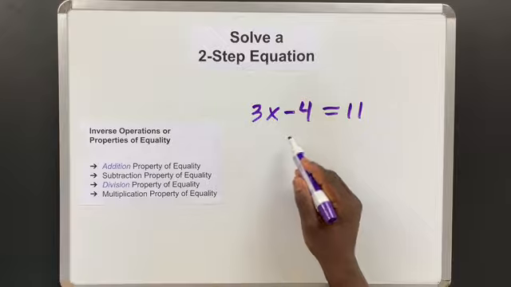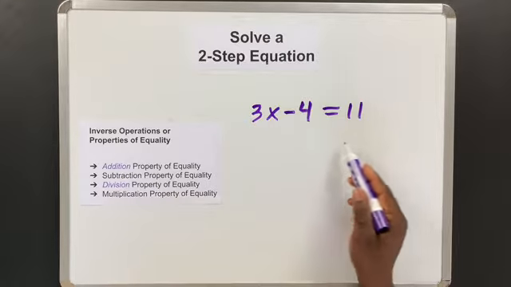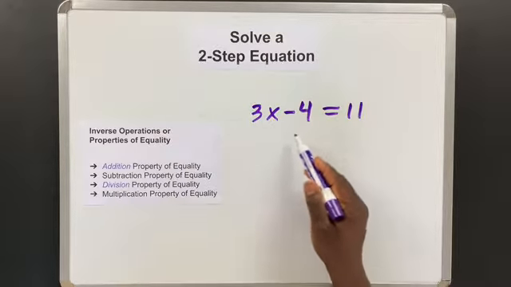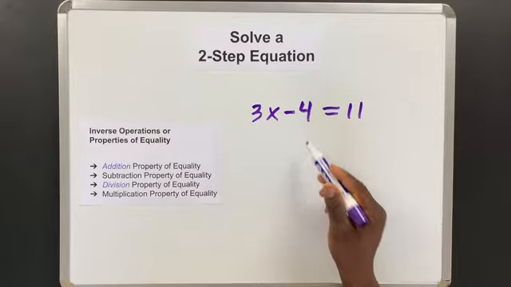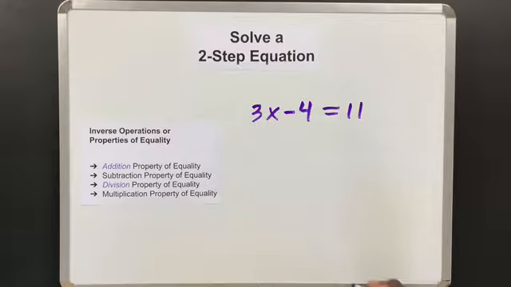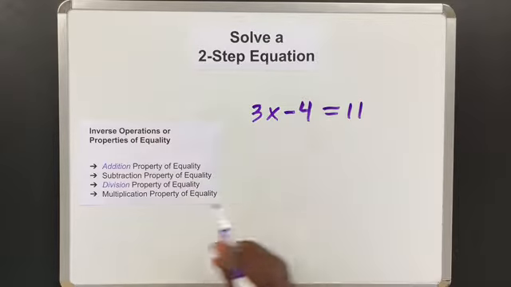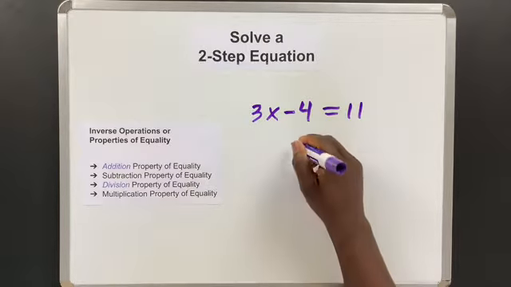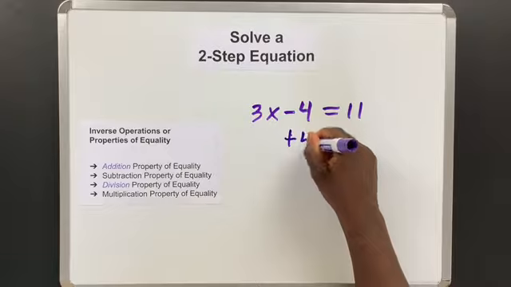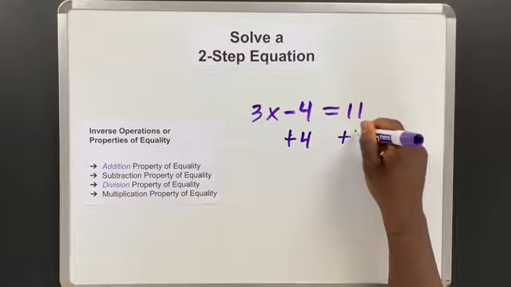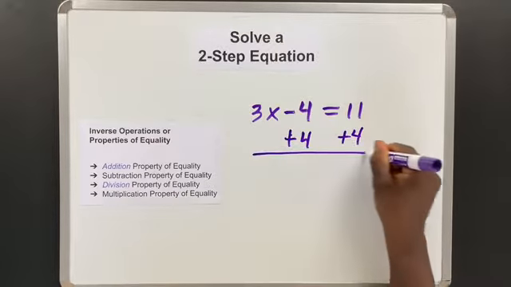So notice we have 3 times x minus 4 equals 11. We're going to first start by getting rid of this constant 4. So what's the opposite of subtracting 4? Right, adding 4. That is the addition property of equality. So we're going to add 4 to both sides of the equation.